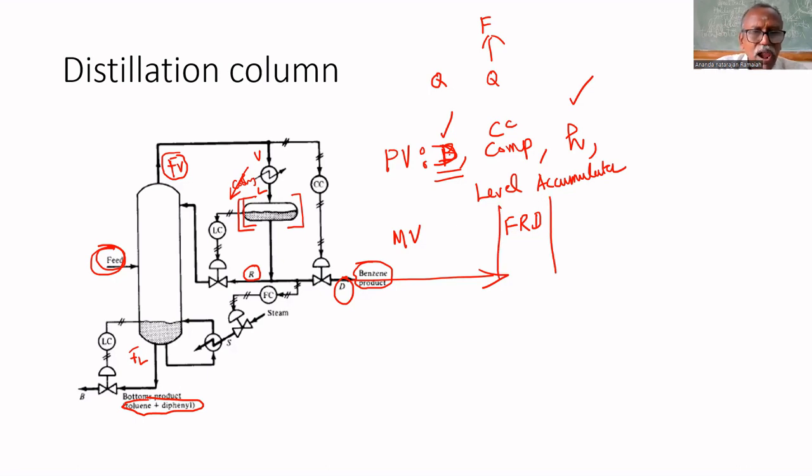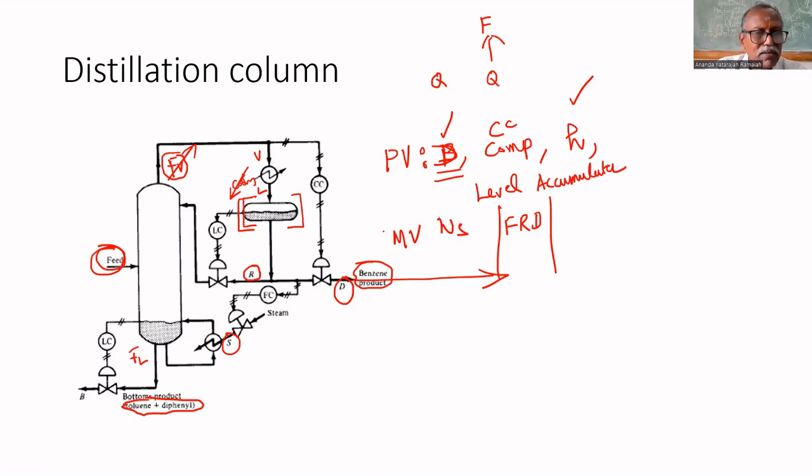To control benzene quantity, we are adjusting the steam flow rate. If benzene product decreases, we have to increase the steam so that the temperature inside will increase and the vapor will increase, so that the product will increase. That way, we are increasing the steam flow rate depending upon the benzene flow rate. Therefore, for that, WS, steam flow rate, is manipulated.